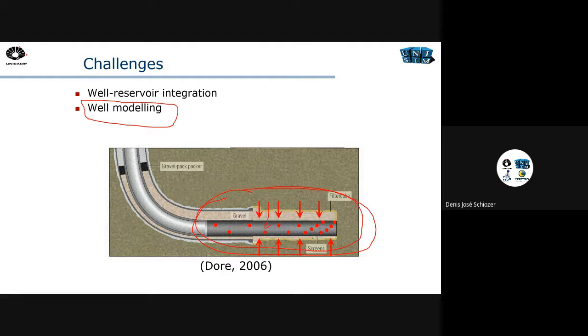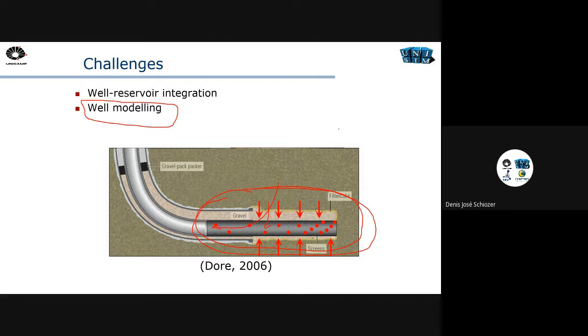We have to try to represent the fluid behavior in this complex geometry. And it's important not only because it's complex, but because here is the place where we are measuring production, right? For us, the reservoir simulation people, we are concerned about the reservoir. Once it goes to the well, it's the amount of fluid that we are modeling, that we are producing to the outside of the reservoir.